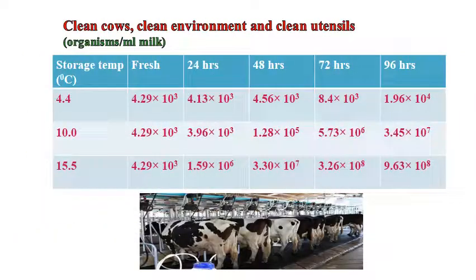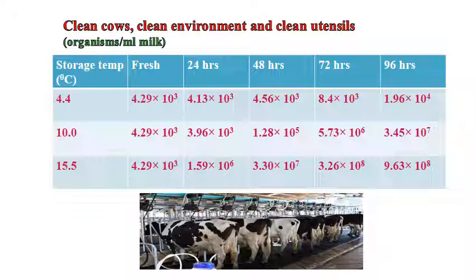Here we will just see the growth of microbes at different temperatures at different time intervals when the hygienic condition is very good, that is, a clean cow, a clean environment, that is the shed, and clean utensils. So we can see here three different temperatures: 4.4 degrees Celsius, 10 degrees Celsius and 15.5 degrees Celsius.